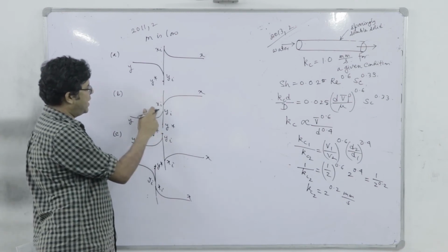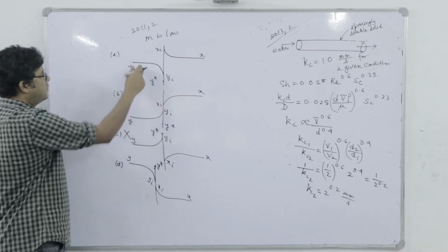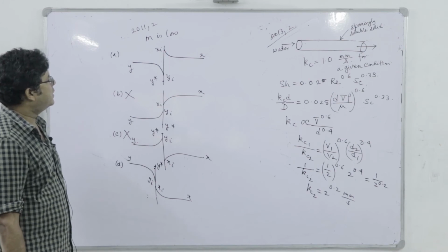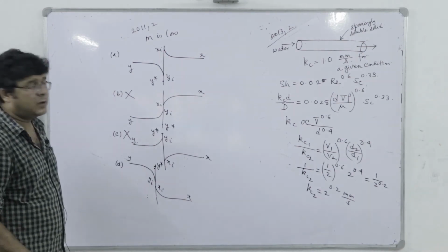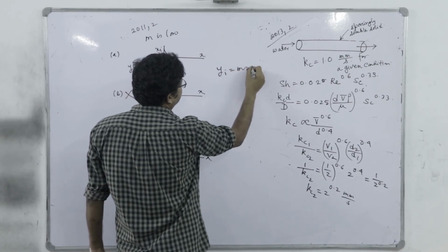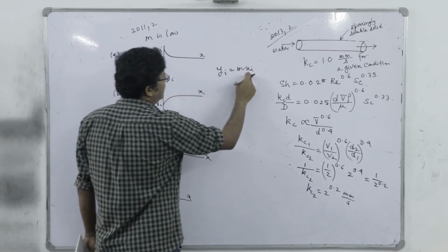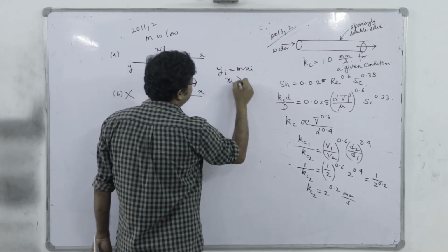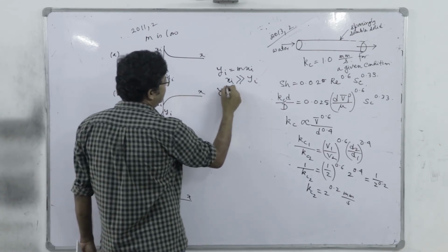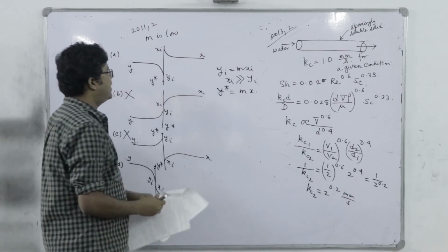So this can never happen, and this also can never happen. So we have to choose between A and D. Now m is low. m is low means yi is equal to m xi, correct? So if m is low, xi must be higher than yi, and y star is equal to m x.